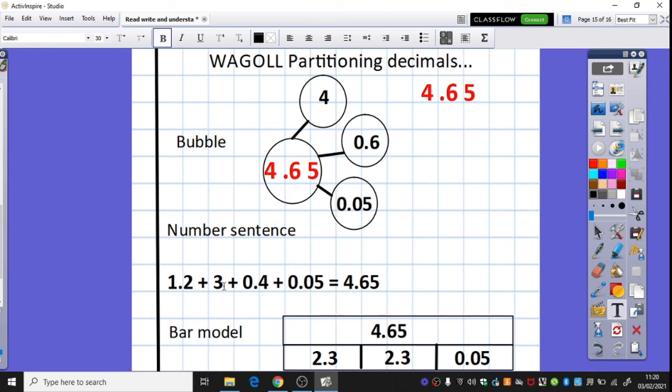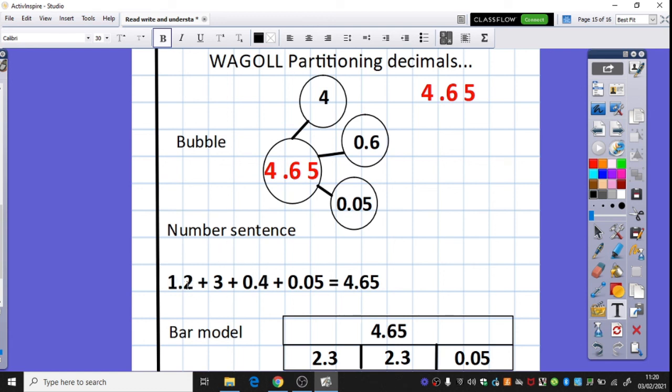Another way you might want to do it is a number sentence. Now this is a particularly tricky one. Your number sentence could be as simple as 4 plus 0.6 plus 0.05. Here's a slightly harder one then, where you can see it's a bit tricksy. So if we look at our whole numbers first, our 4, I've broken it into 1 and 3 there, and our tenths you can see has been broken into 0.2 and 0.4.